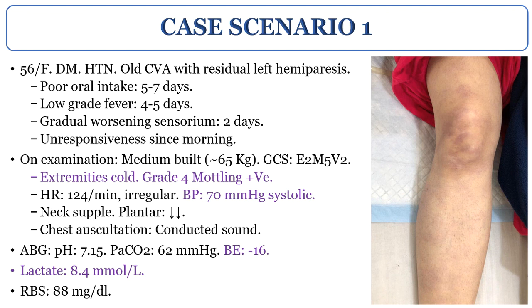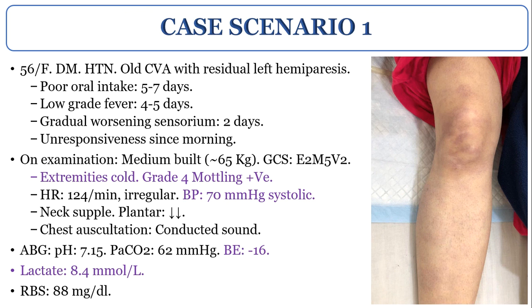Are you aware of the mottling score? Do you see mottling regularly? Yes. So mottling is the patchy discoloration of the skin. In a person of my skin tone, you may not be able to see mottling, but in a slightly fairer person you can see it, and it's a useful marker. If mottling is seen, first where? In the knee. If you don't see any mottling in the kneecap, then the mottling score is 0.